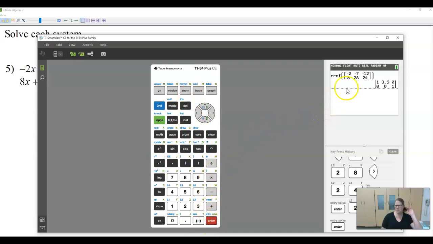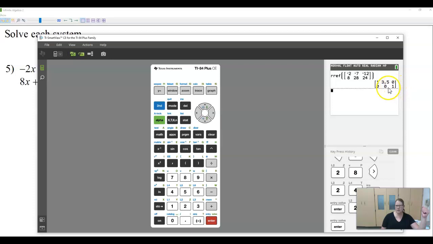Alright, so notice on this one, it again did not just give me an x equals and a y equals. It didn't clear the other variable and give me an answer here. But this last row is not all zeros, right? It is 0, 0, 1. So because that last row didn't go all to 0, I know that this one doesn't have one solution, because it didn't tell me x equals and y equals, right?